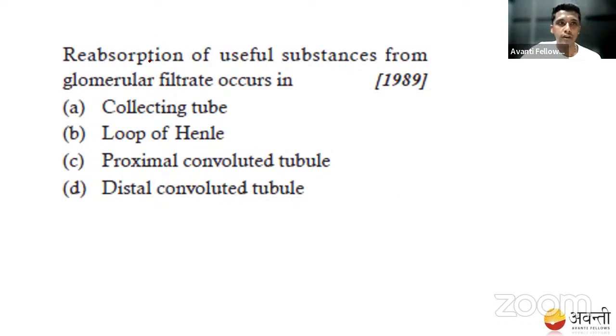Okay, you have your second question. Reabsorption of useful substances from glomerular filtrate occurs in. Our options are collecting tube, loop of Henle, proximal convoluted tubule, and distal convoluted tubule. I will launch the poll. The polls are live. You can answer the question.